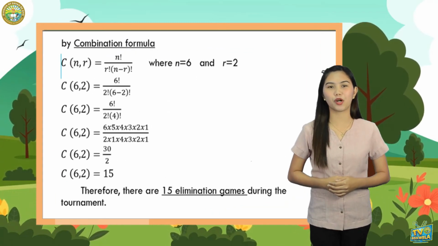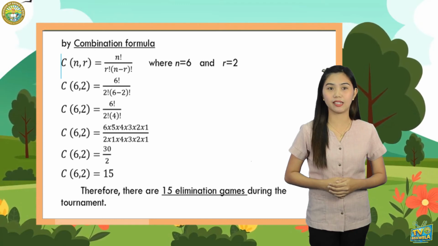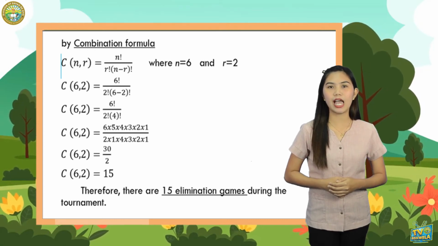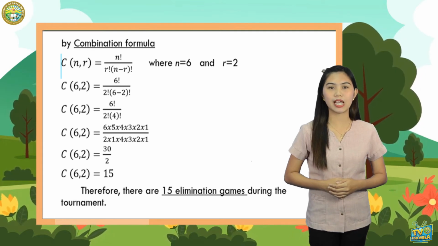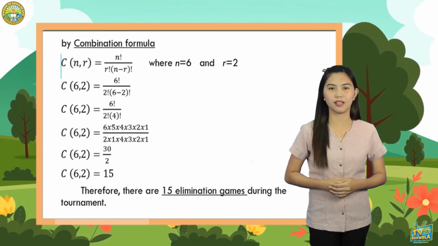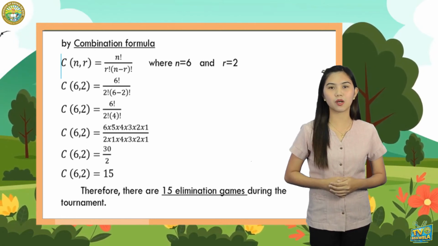By combination formula, again, we have C(n, r) equals n factorial over r factorial times (n minus r) factorial, where n is equal to 6 and r is equal to 2.